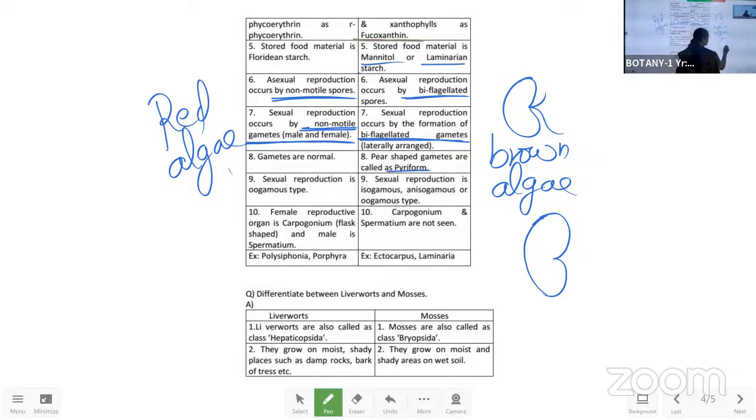In that groove only, the flagella arise. So that is the pyriform. These are pear-shaped and pyriform. So how does the pear shape occur?